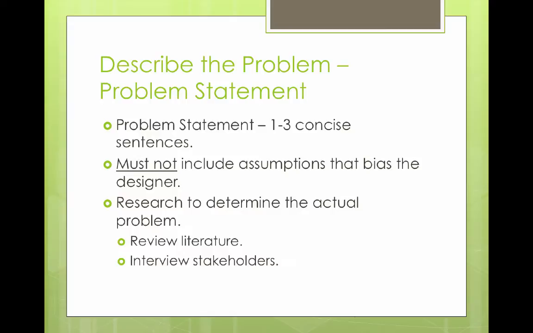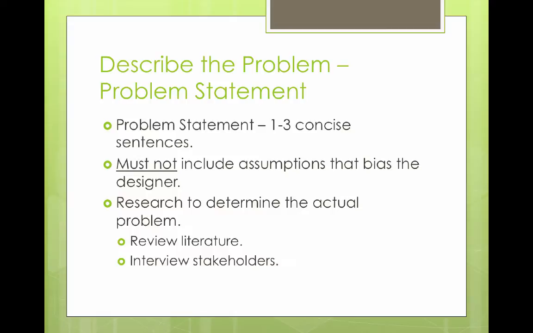So the way we describe the problem is to make a problem statement. A problem statement is generally a concise 1 to 3 sentence statement. The really important thing about a problem statement is that it must not include assumptions that bias the designer. So it can't include any statements about how to solve the problem. It's just a statement of the problem.